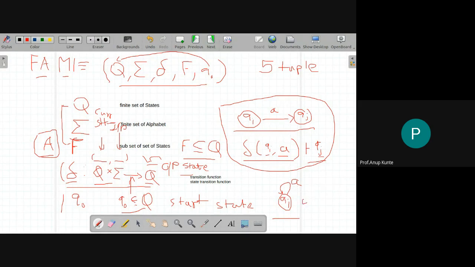And using mathematical or set theory representation, if I was in Qi and I saw an input A, I still remain in Qi. Okay, so this is how you can represent the transient behavior of your device.